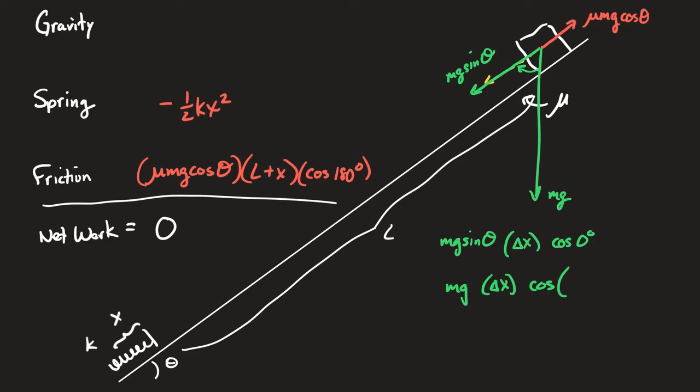I see that as the other angle of that right triangle that's kind of being displayed right there. So that would make it 90 minus theta, which last time I checked is sine theta. Right? So it doesn't matter.